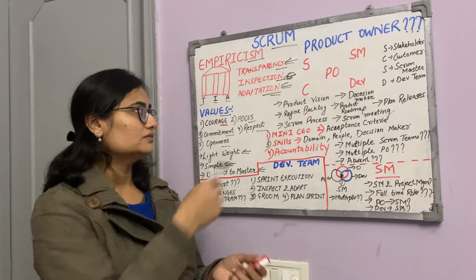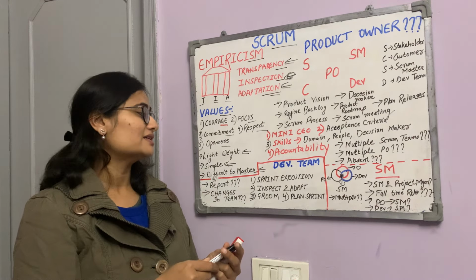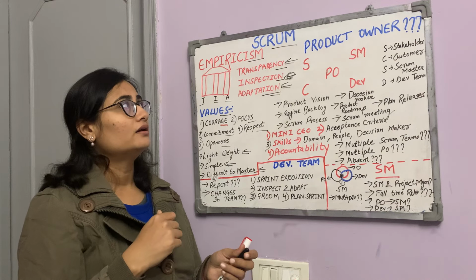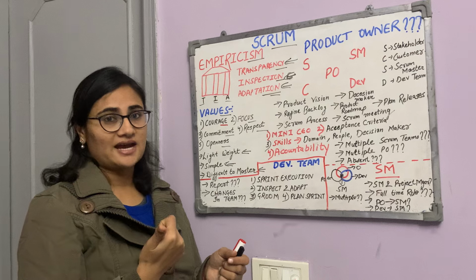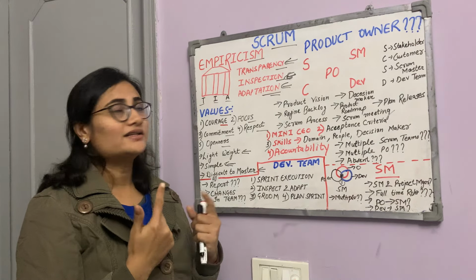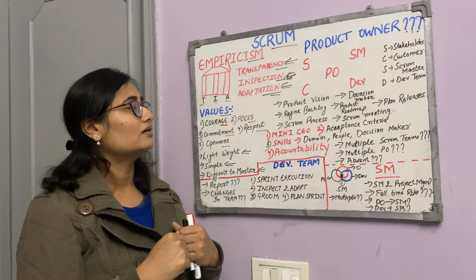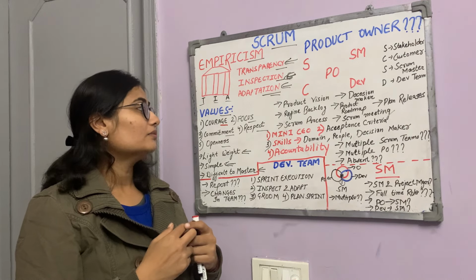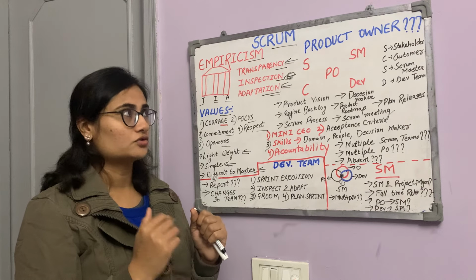So these are the 5 values which we have discussed. We have discussed why Scrum is an agile framework, why it is lightweight, why it is based on empiricism, what the 3 pillars of Scrum are, and then we have discussed the values so far.